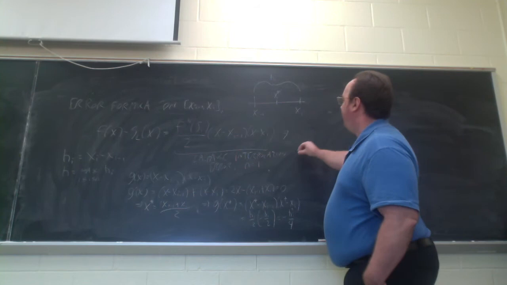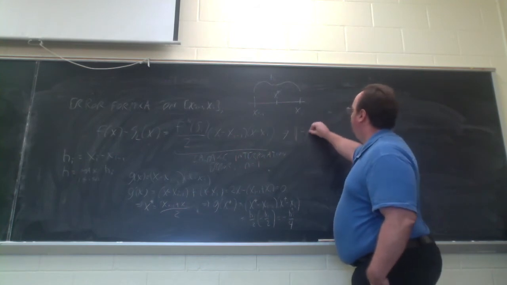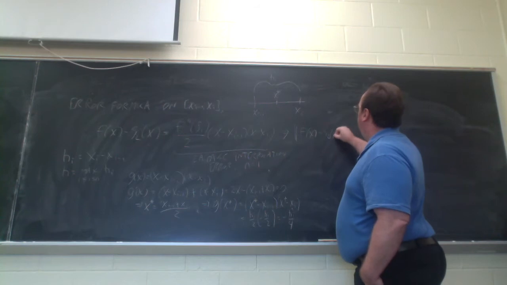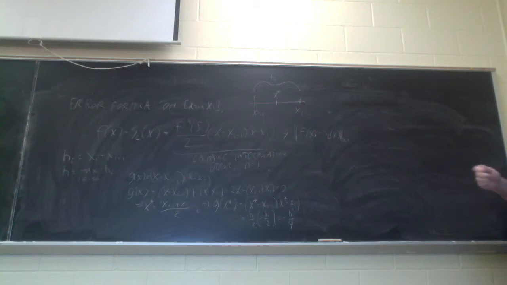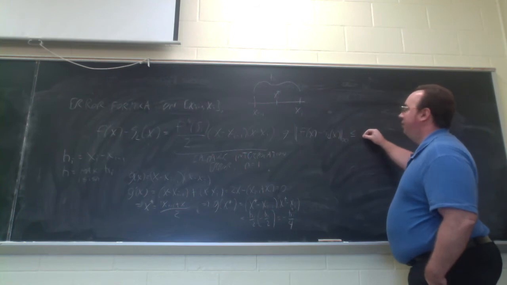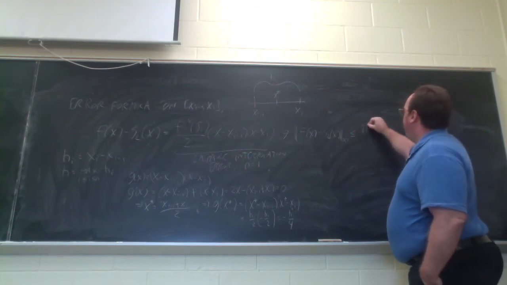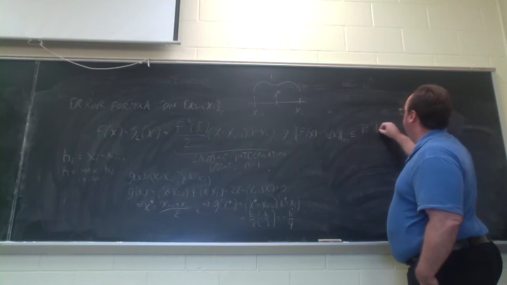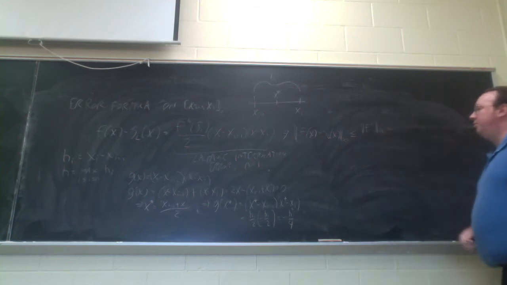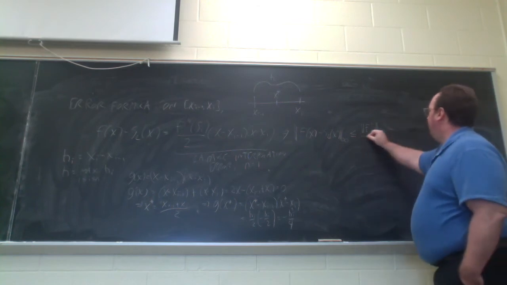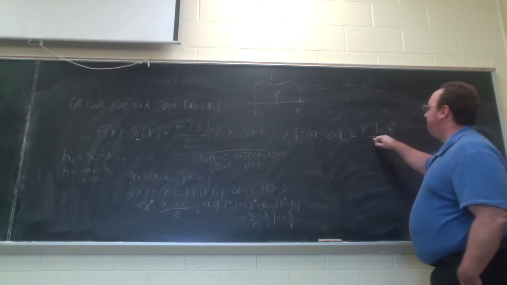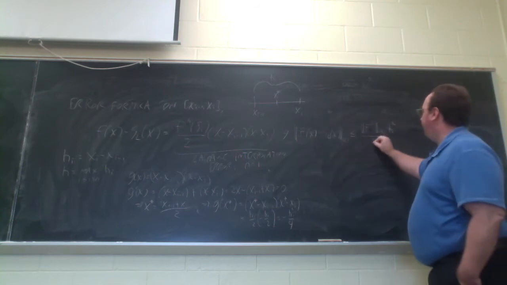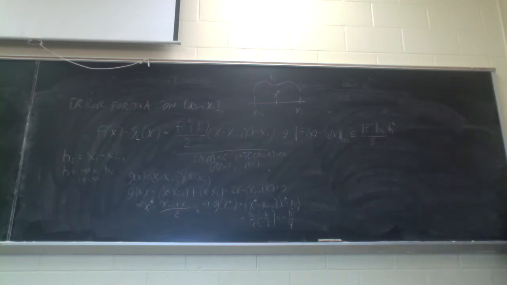Therefore, we can say that the error, for this I'll use the infinity norm, the maximum error on the entire domain that you're considering between x0 and xn, is less than or equal to the maximum of f double prime, which I'll use the infinity norm for that also, times h squared over 4, but I also have a factor of 2 there, so I get h squared over 8.